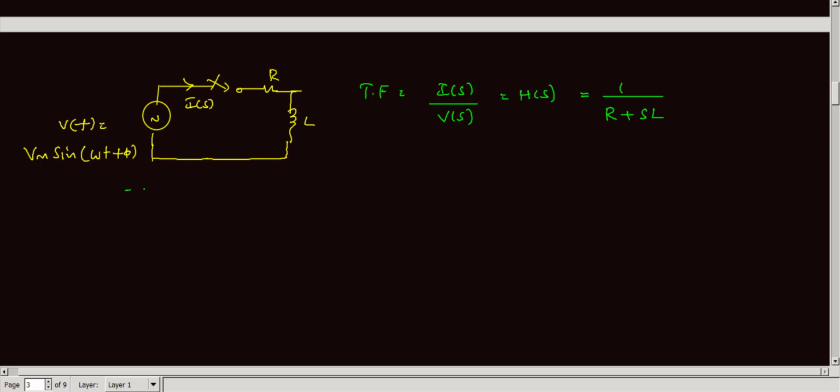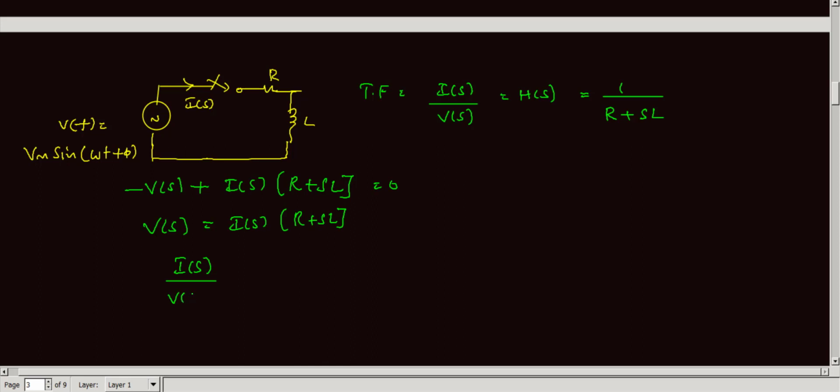Simply apply Laplace: V of s equal to I of s into R plus sL, with the initial condition equal to 0. So I of s by V of s equals 1 by R plus sL. This is the transfer function.